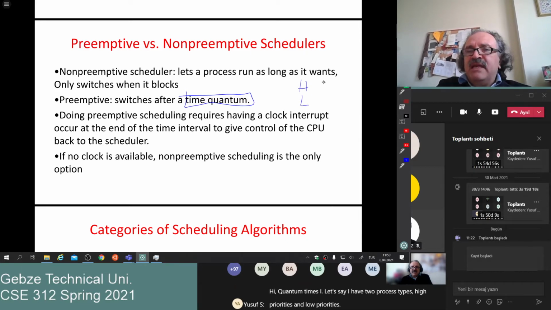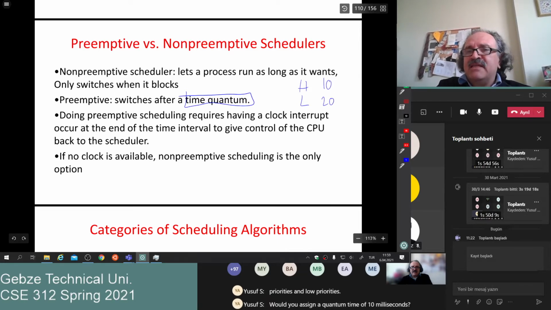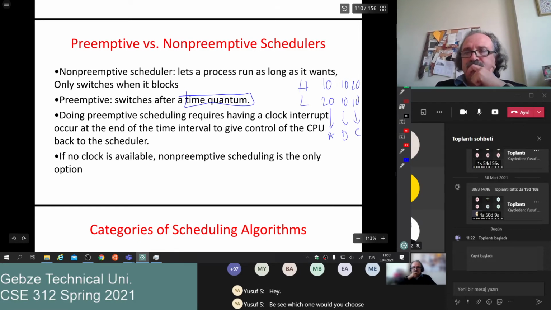Would you assign a quantum time of 10 milliseconds, 20 milliseconds for low and high, or 10 or 10, or 20 or 10? Which one would you choose? High priority, low quantum time, low priority, high quantum time, or equal, or just opposite?